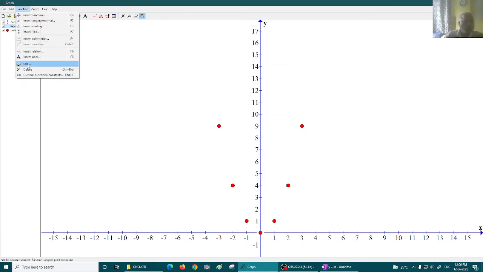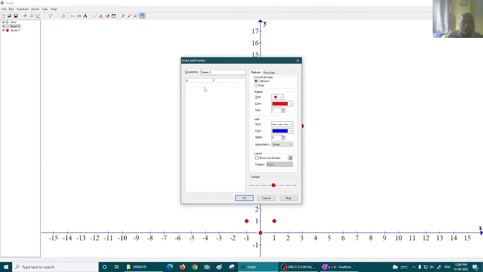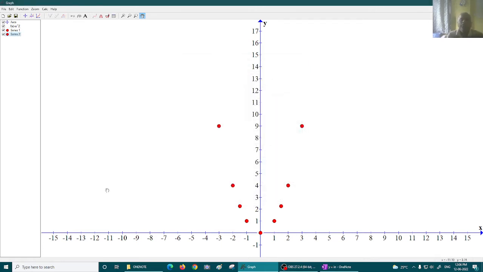If you want some more points, say for example 1.5, what is the square of 1.5? 2.25. Similarly, take minus 1.5, its square is again 2.25. So now you can see that you are getting some more points. That way you will get several points.